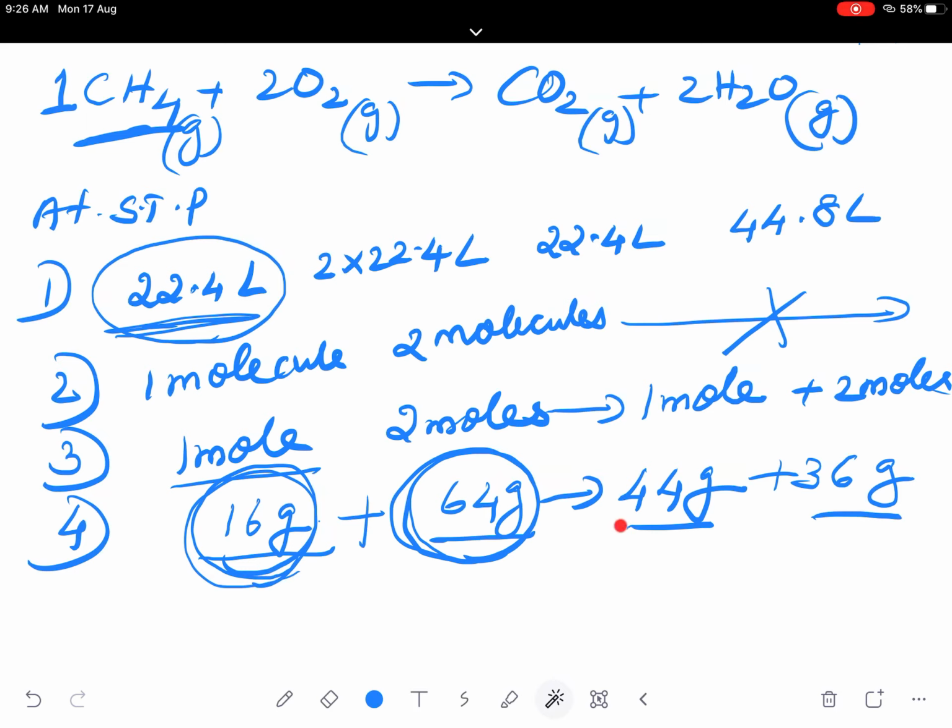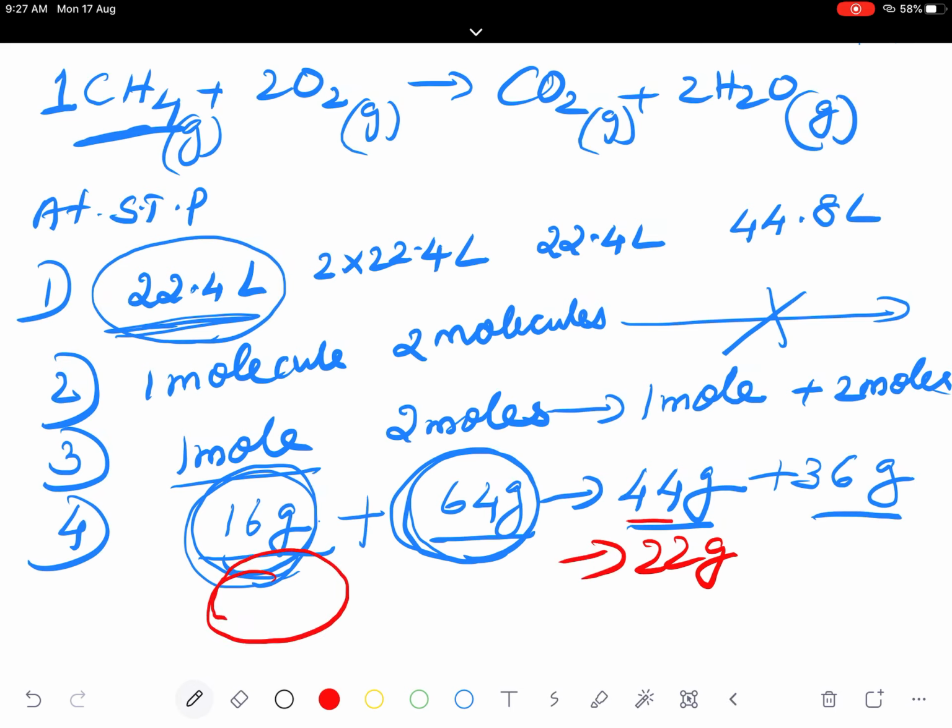To produce 44 grams of carbon dioxide, 16 grams of methane are required, but the question is only 22. For 44, 16 required, so for 22, just half of this. How much gram? Anybody? 8 grams. By unitary method, whatever may be the number, you can calculate.